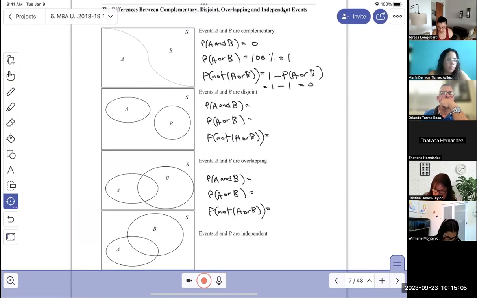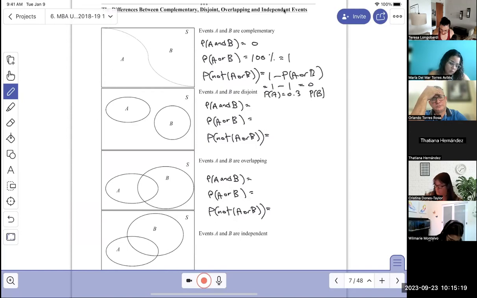Disjoint events. So in this one, I actually need some numbers, right? To be able to calculate some things here. So if I tell you, given the probability of A is 30% and the probability of B is 40%, you can calculate each of those.